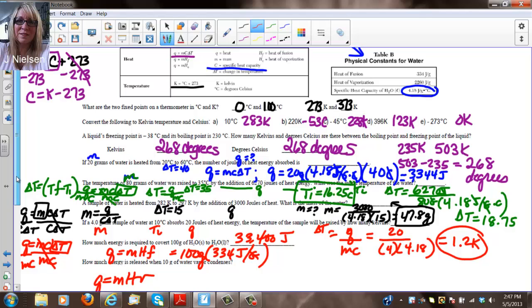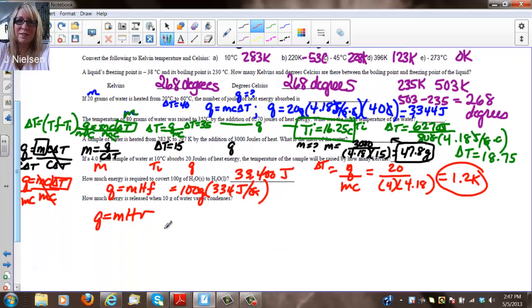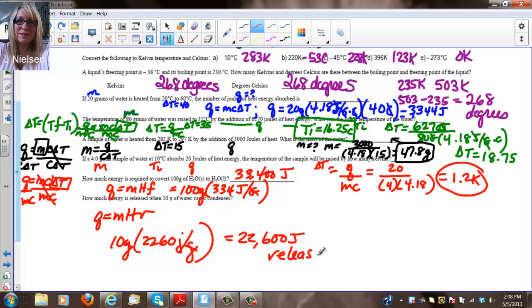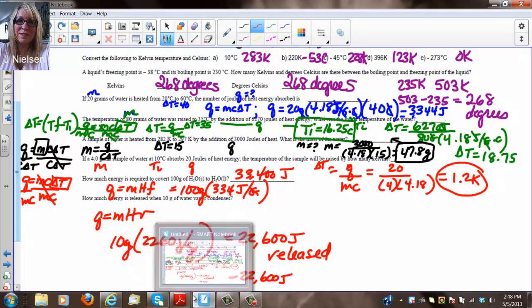So my heat of vaporization is 2260 joules per gram. So I've got 10 grams times my heat of vaporization constant, 2260 joules per gram. Grams cancel, and I'm left with 22,600 joules released, or you can write it as negative 22,600 joules, which also indicates that it's been released.